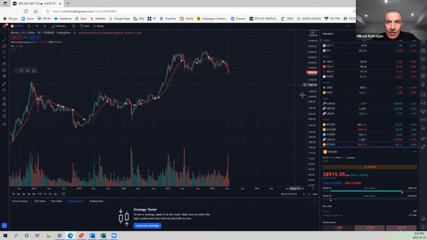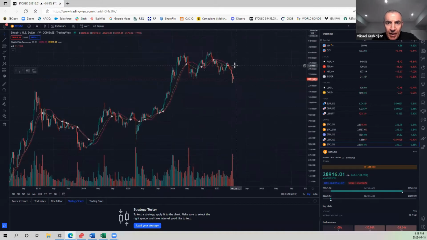And then afterwards, it's really been below that, because over here at the end of March we had this false pump, thinking that maybe Bitcoin will be going above the 20-week SMA and the 21-week EMA. It didn't. It hasn't.